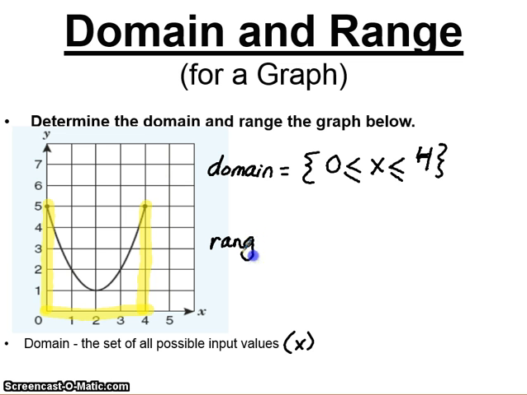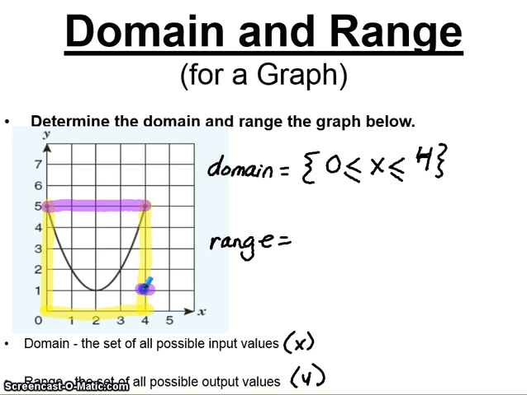Now, let's look at the range. Remember, the range is the set of all output values represented by y. So let's take our highlighter with a different color and go over to the y values. We can see that the highest y value we have is 5, and the lowest y value we have is 1. So our graph is always between 1 and 5 on the y-axis.